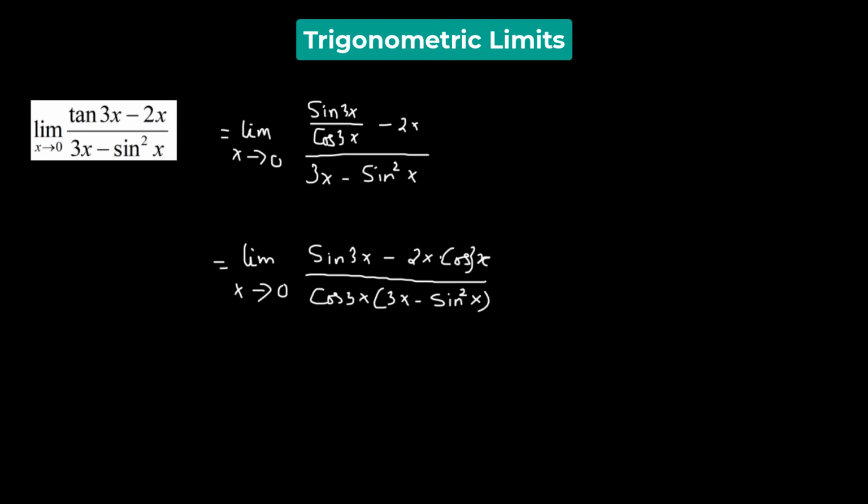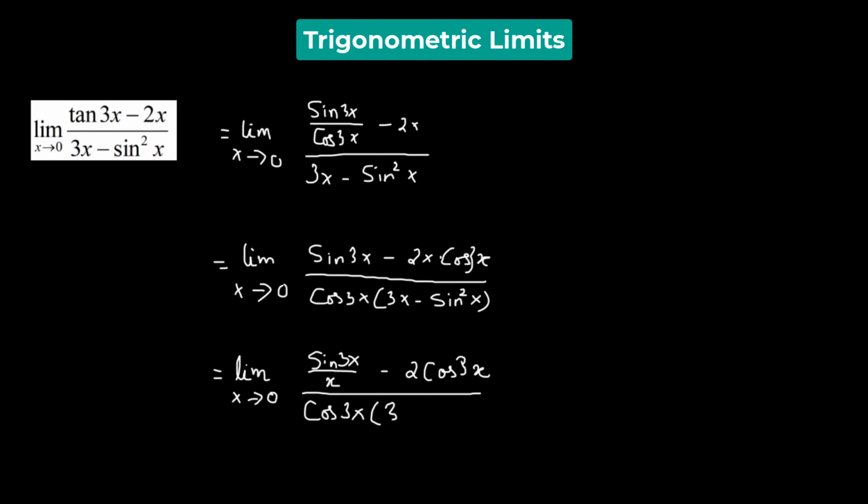Now we're going to divide the numerator and the denominator by x. So that is going to give us limit x approaching 0. So we have sine 3x over x minus, so 2x over x is simply going to give us 2, times cosine of 3x divided by cosine of 3x.